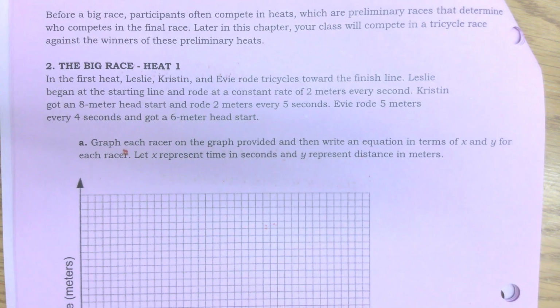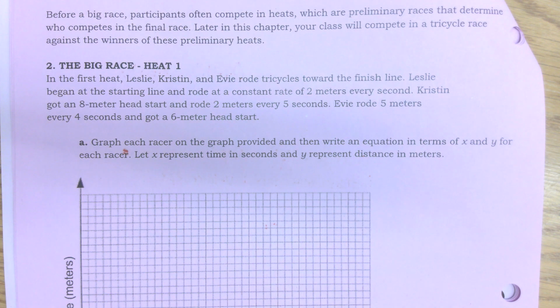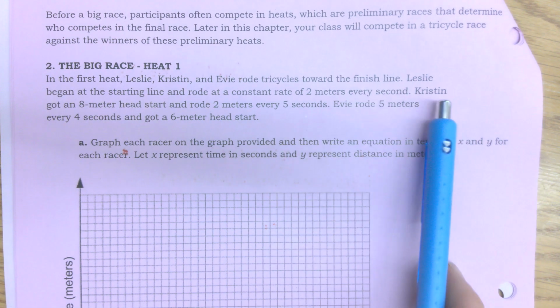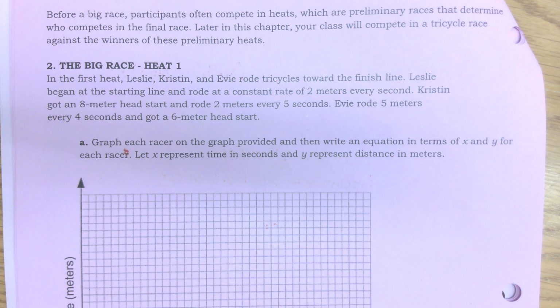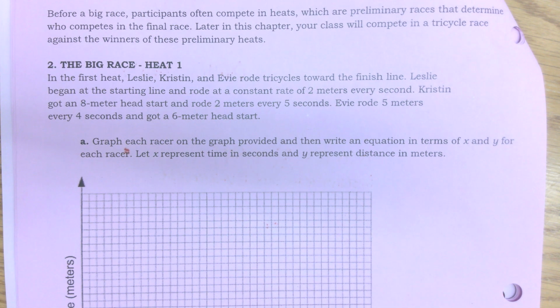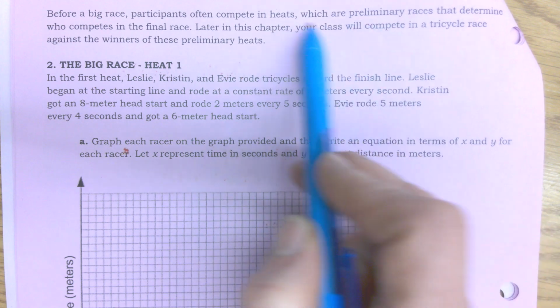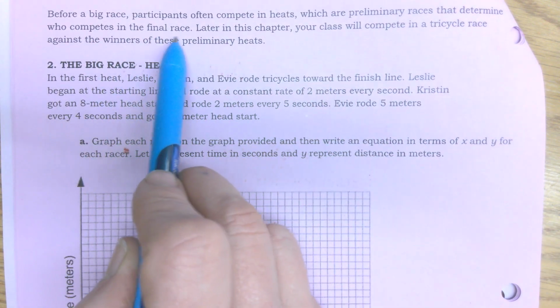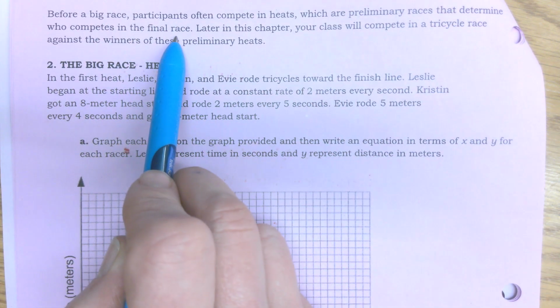Before a big race, participants often compete in heats, which are preliminary races. If any of you have done track, go-kart racing or BMX racing, it's the same thing. You usually participate in a preliminary race to determine who gets to compete in the final race.